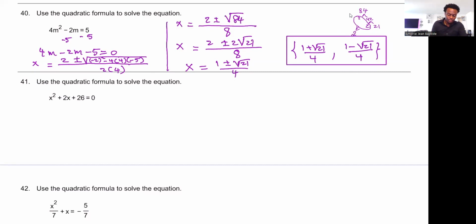Next problem here. We can just apply the formula.